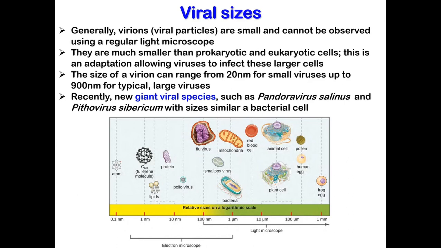As you can see on the diagram below, the poliovirus is very small and can only be seen with an electron microscope, whereas the smallpox virus is much larger and can be visible under a light microscope. Recently, new giant viral species have been discovered, such as Pandoravirus salinus and Pithavirus sibericum, with sizes similar to a bacterial cell.